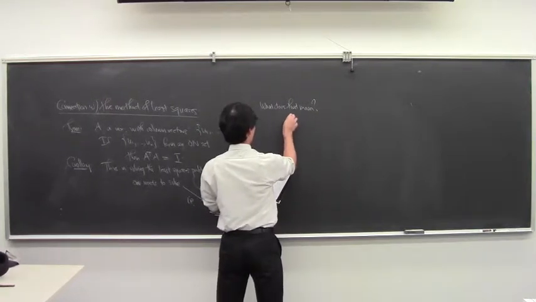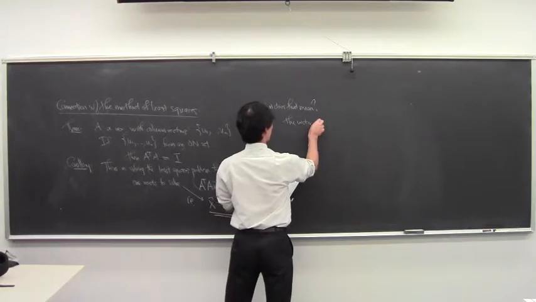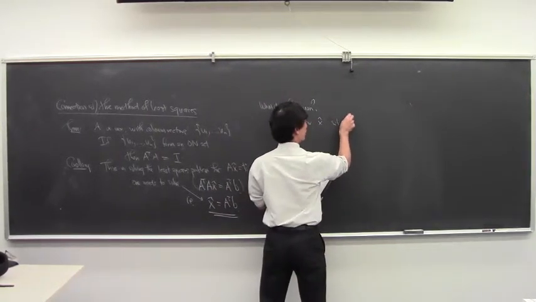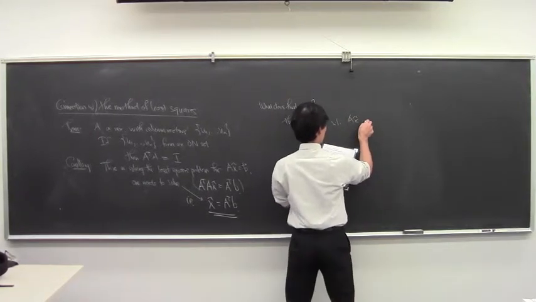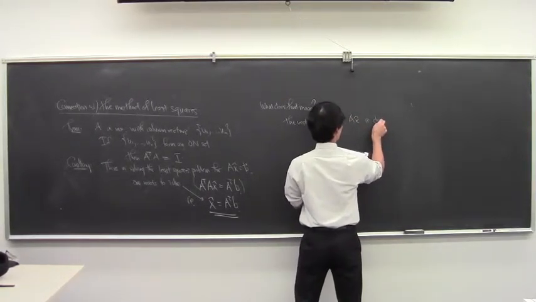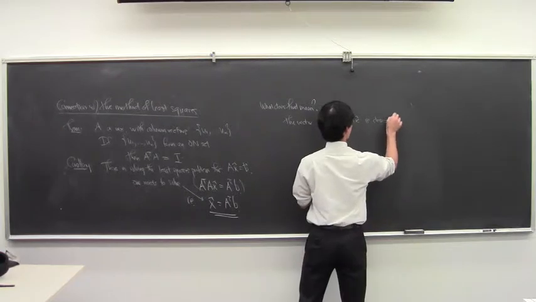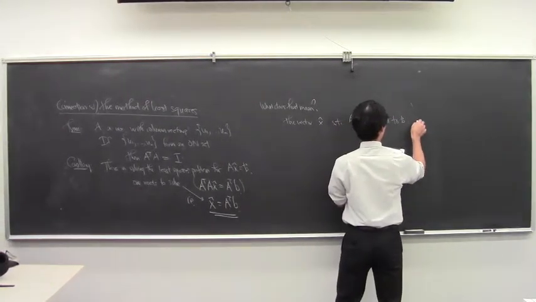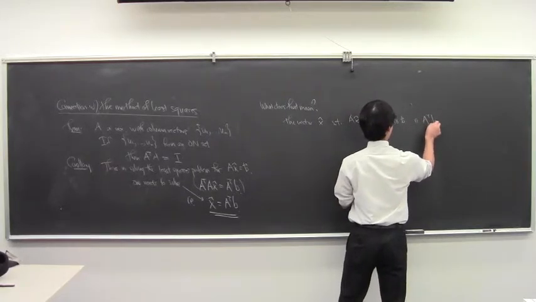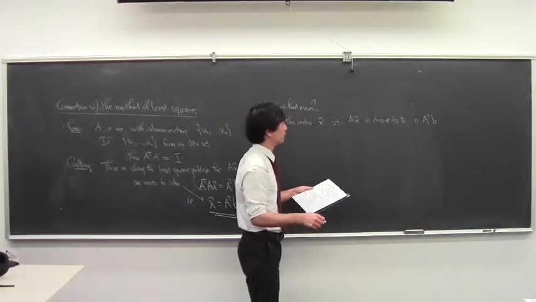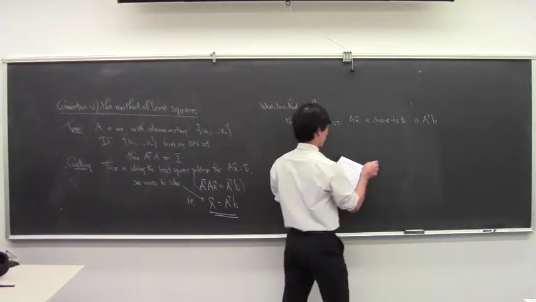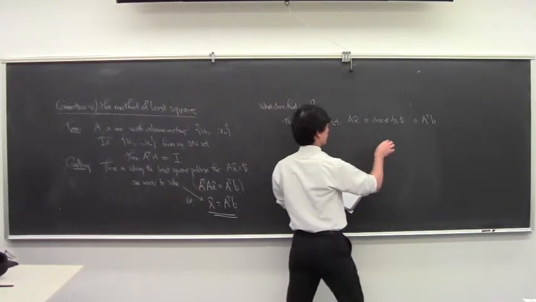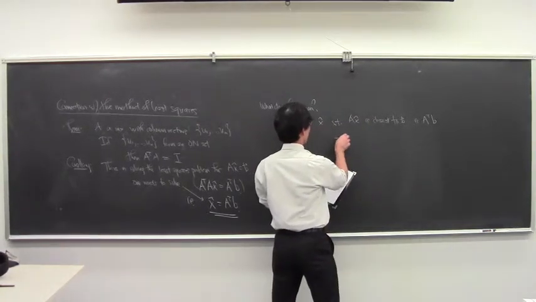The vector x hat such that Ax is closest to b is A transpose b.